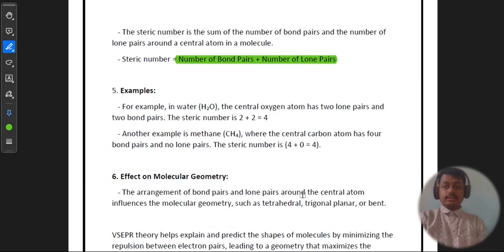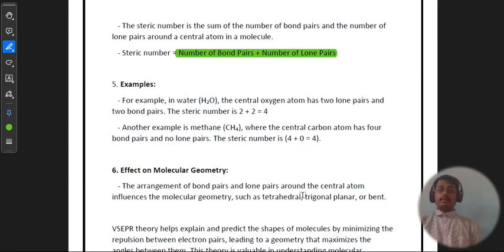Now we will see an example. In the water molecule, the central atom oxygen has two lone pairs and two bond pairs, and thus the steric number is 4. Now there is a chart which predicts the shape of a steric number 4 molecule. The other example is methane, CH4.